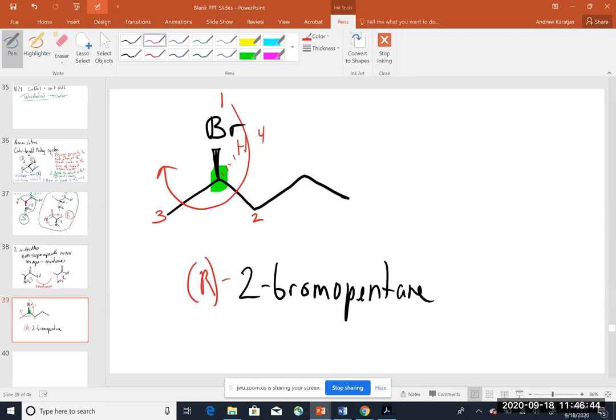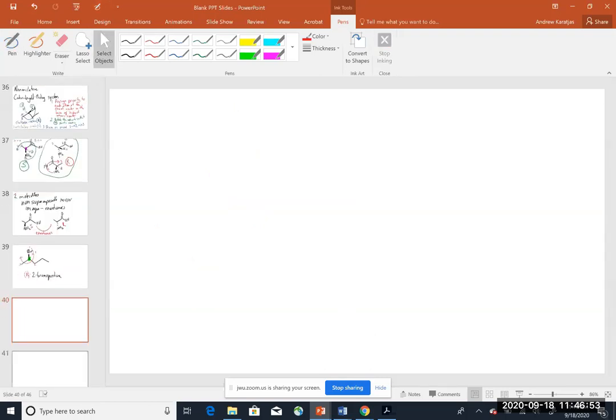All right, so these have all been examples where we have one chiral center. What happens when we have multiple chiral centers? So here's 2,3-dibromopentane.